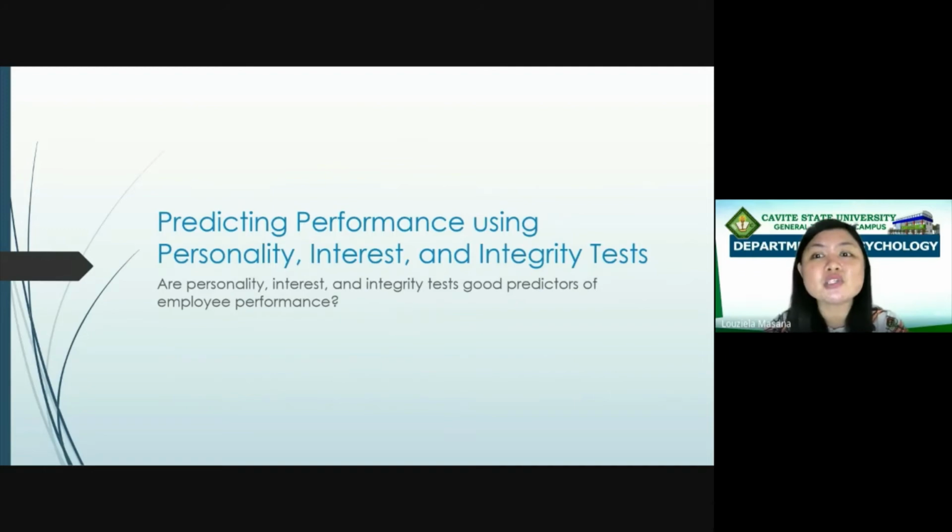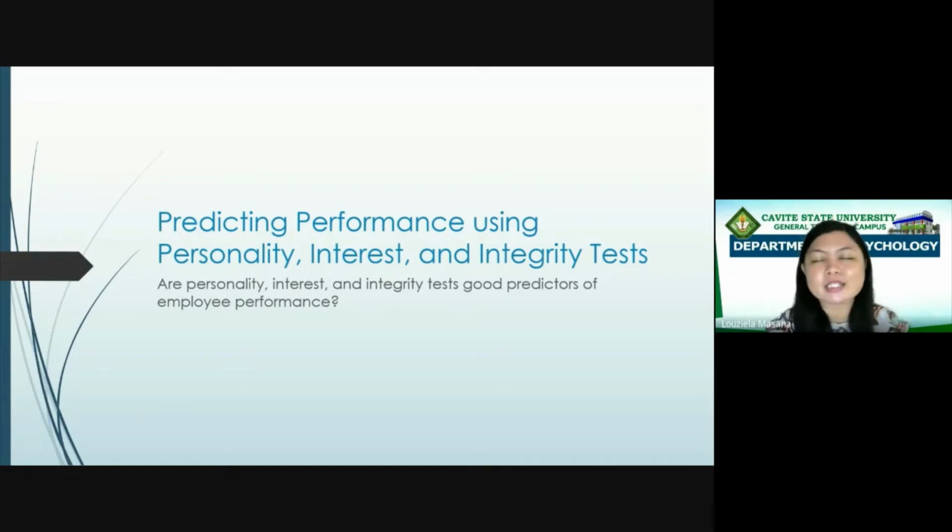Your interest also plays a vital role with your performance. Pag gusto mo yung iyong ginagawa, if they measure ay yung interest, syempre, it can contribute to a good performance. Gusto mo yung ginagawa mo eh.